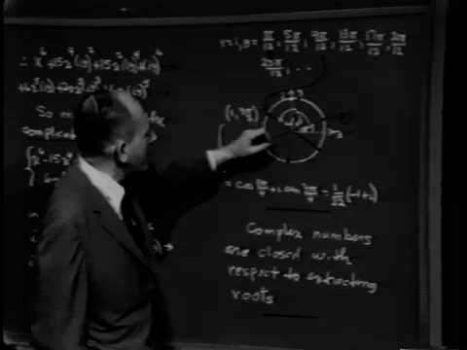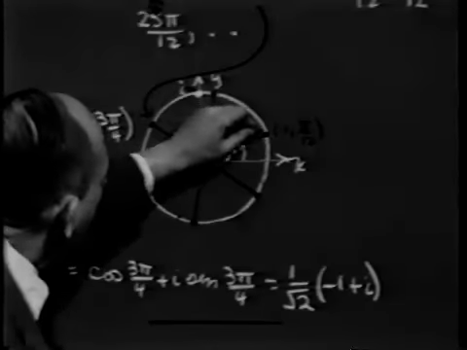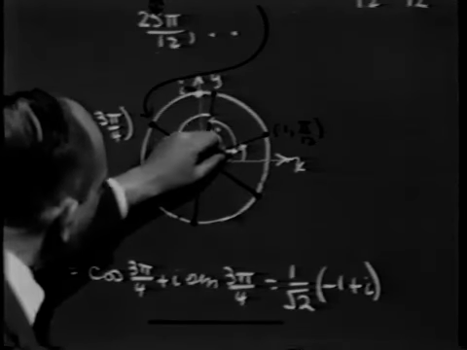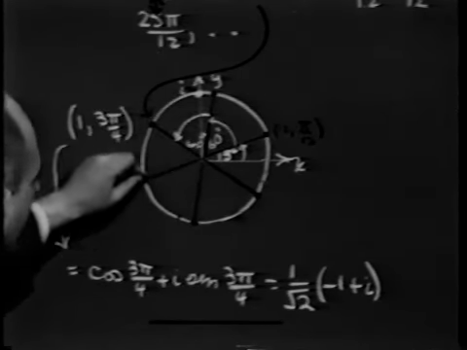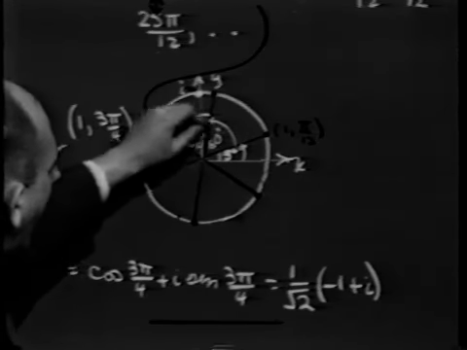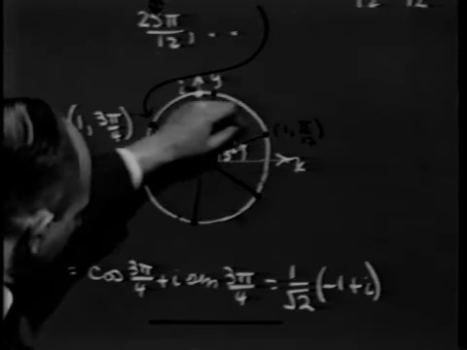The point is that geometrically, the 6 roots of i are all equally spaced points. The first one is the point (1, pi over 12), and the rest are spaced equally along the circle at 60-degree intervals. You see, it breaks the circle up into 6 equal parts.